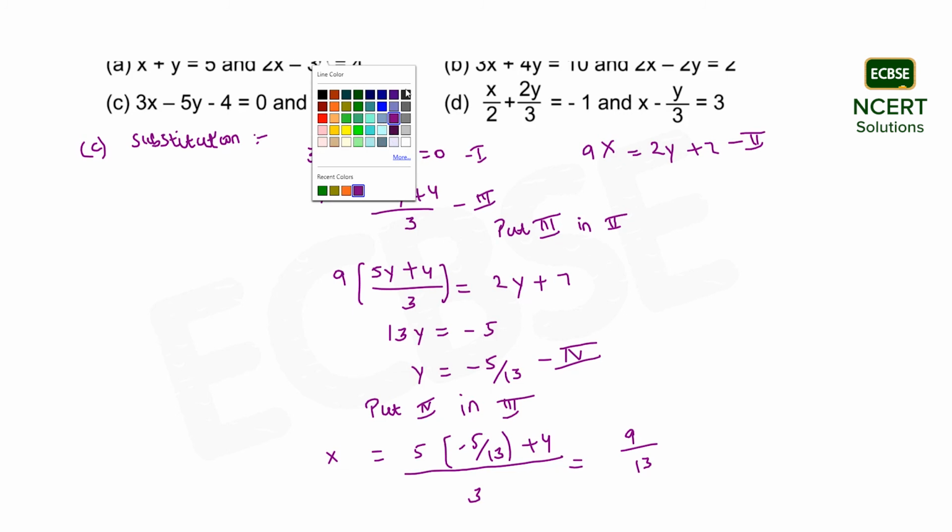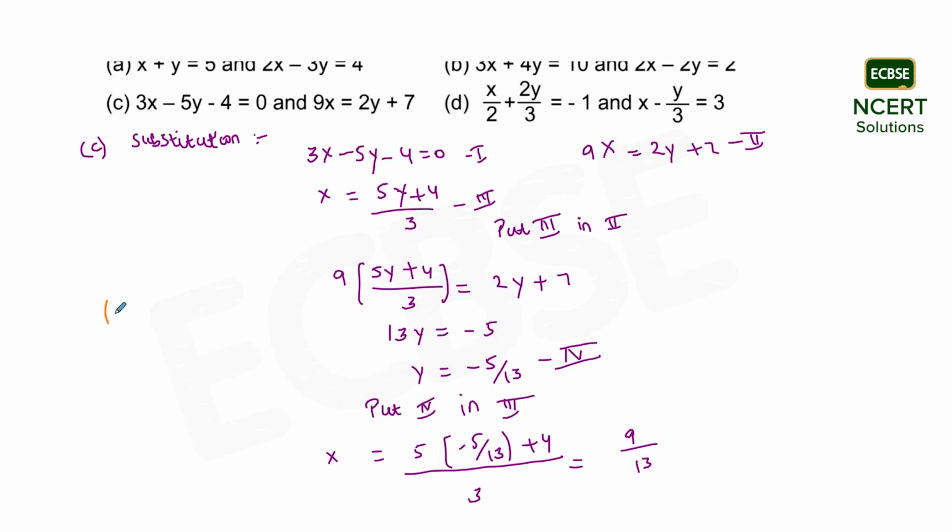So from here we got the values of x as well as y, that is x comma y is equal to 9 divided by 13 comma minus 5 divided by 13. These are the values of the variables x and y for the C part of the question by using the substitution method.